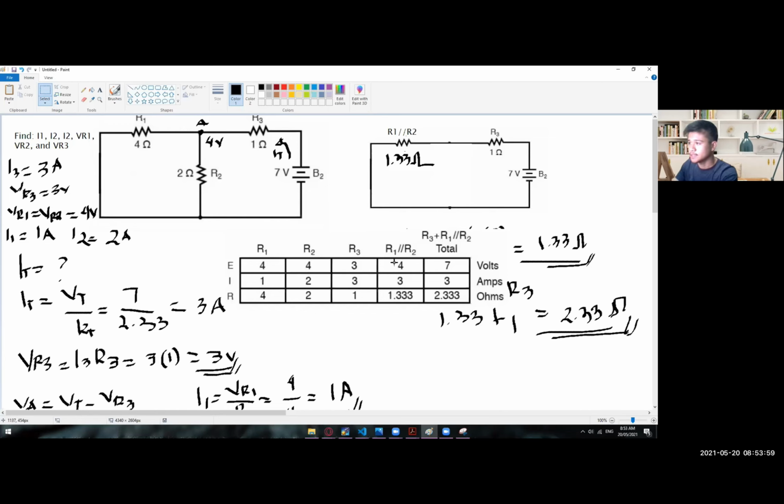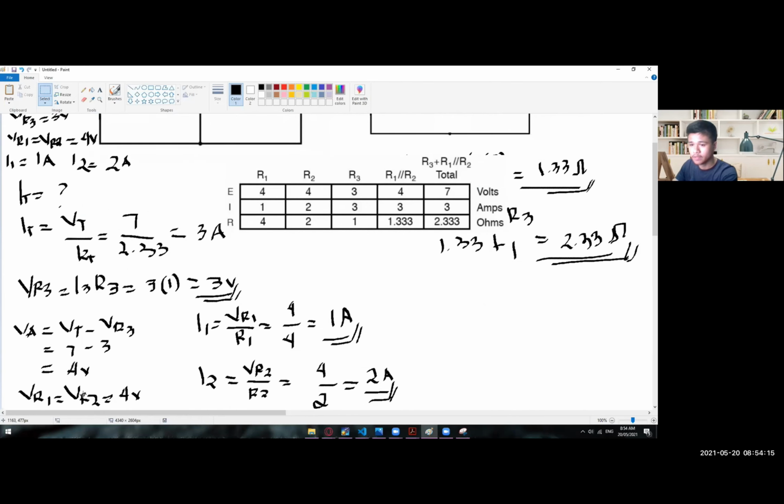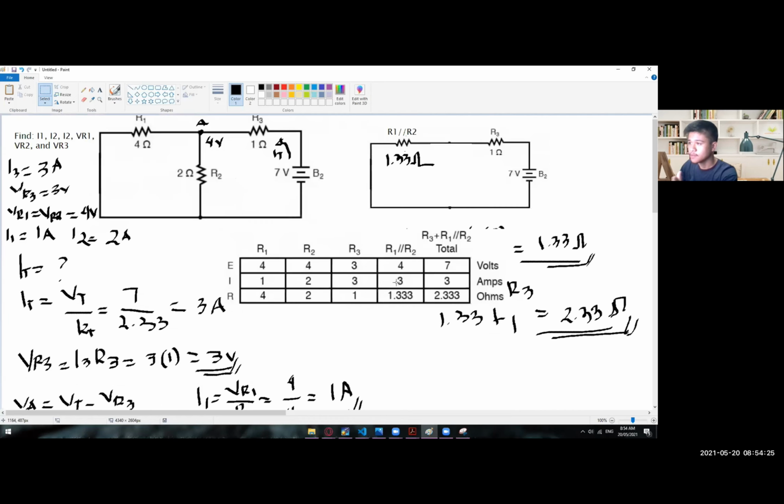And let's proceed to right here. R1 parallel to R2 is 1.33. And then the voltage drop across R1 is 4 volts, which is this one. And for the current flowing through R1 and R2, that's the combined value of I1 and I2. So 1 amp plus 2 amps is 3 amps.